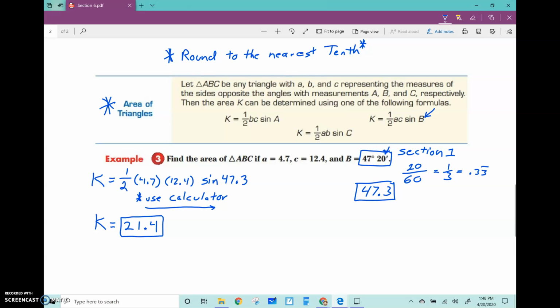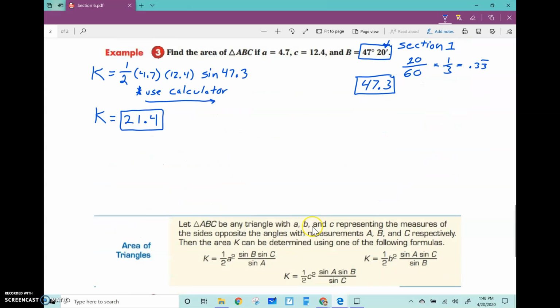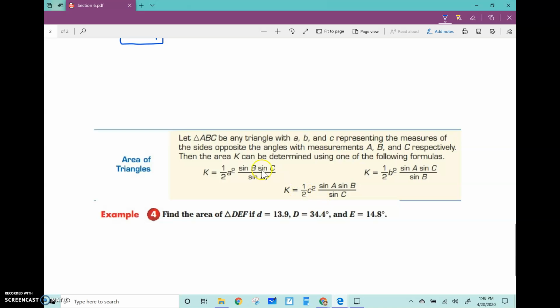All right, and we have one more tool here for our problem solving. And that is, what if they just give you one side and two angles? Then we're going to use this, but this is where it gets tricky. If you notice here, it says, let ABC be any triangle. So it's in alphabetical order.